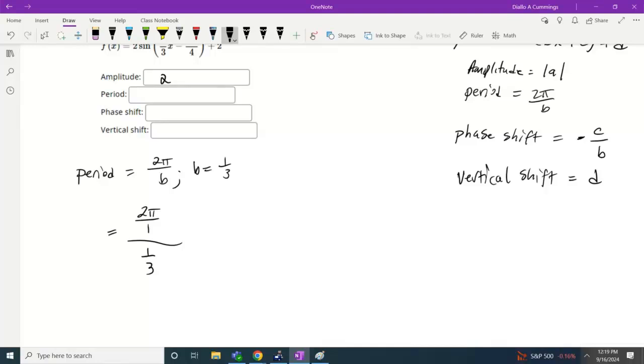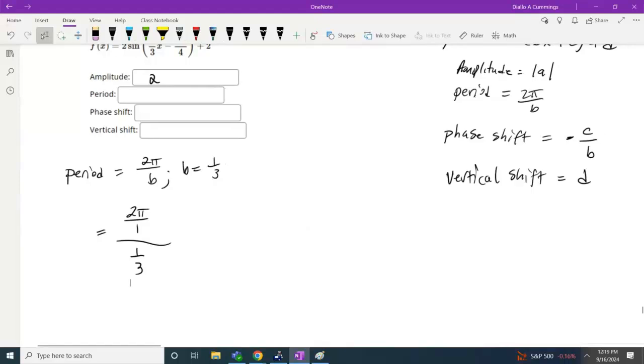Now you're going to see me do this a lot, making a fraction over a fraction. There is an algebraic formula that we can use to simplify a complex fraction. So here's what a complex fraction is. You have a main fractional bar. In the numerator, you have a fraction, and in the denominator, you have a fraction. So this is the form I'm going to use.